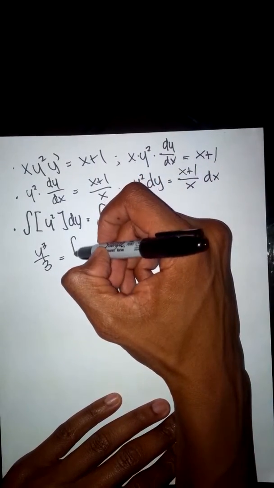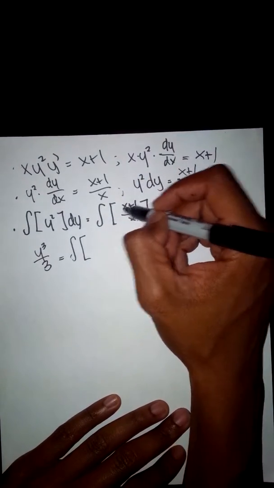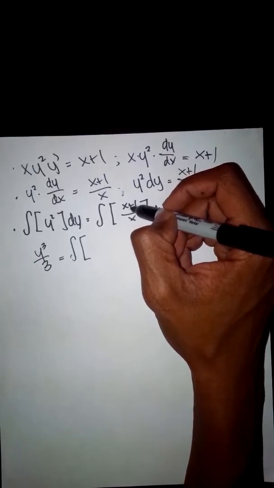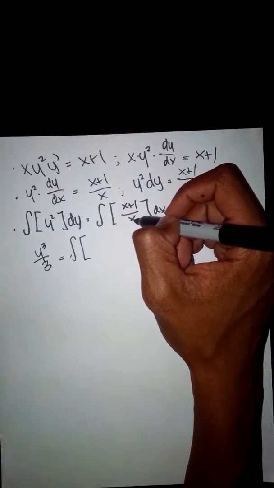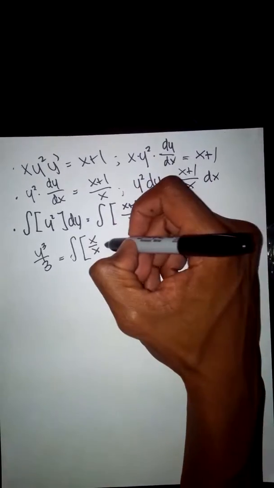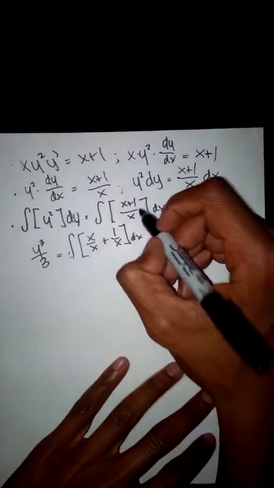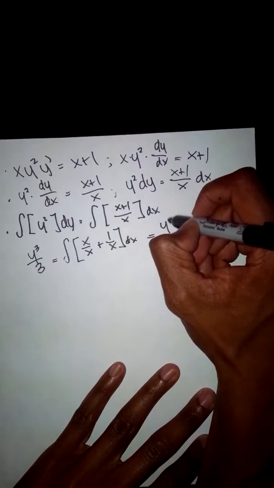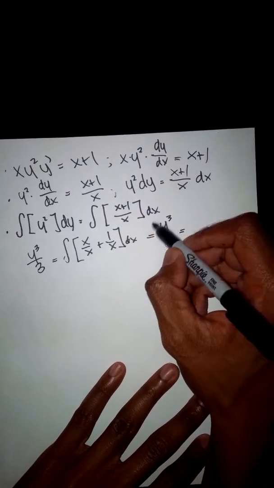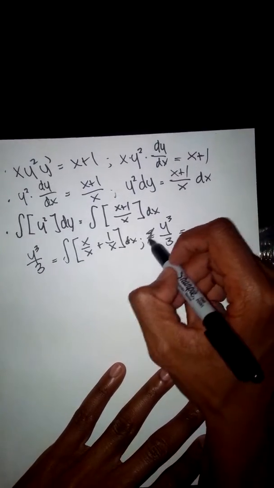I'm going to actually do this step just so that you can see what's going on here. Because we have a variable and a constant, both being added and divided by a variable, we can separate this into two separate fractions. So we'll have the integral of x over x plus 1 over x dx, which is y cubed over 3, is equal to, I shouldn't put equal, I'm going to put a little semicolon to denote that this is the next step.